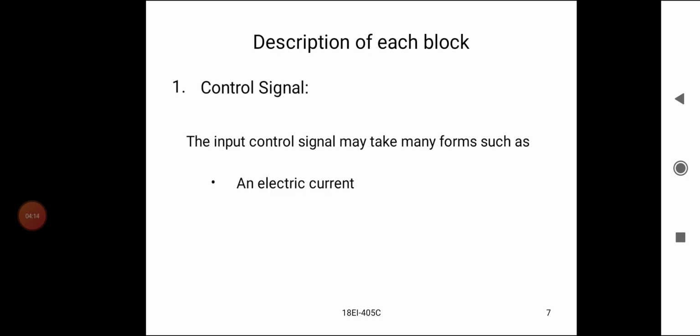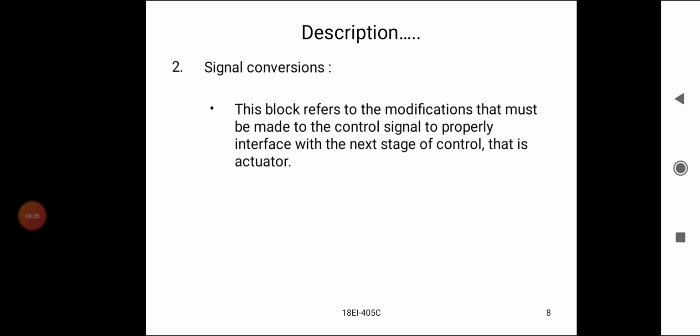The input control signal may take many forms, such as an electric current, pneumatic pressure, or digital signal. Signal conversion refers to the modifications that must be made to the control signal to properly interface with the next stage of control, that is, the actuator.